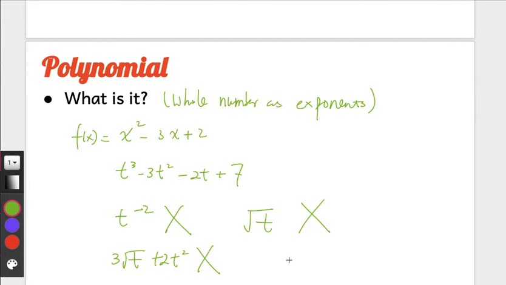Another thing I want to remind you is if you see something like this, it's not a polynomial. Again, you have one term here, with t as the denominator, so it's not. But you can definitely have multiple variables. You can also have just numbers. They are all polynomials. So these are examples and non-examples to reinforce our understanding of polynomials.